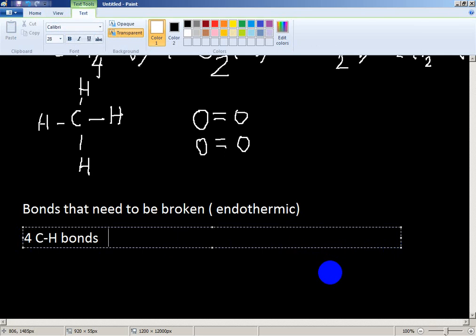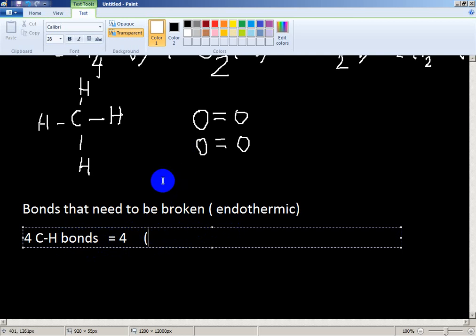So what is the energy here? 4 multiplied by the energy of a carbon-hydrogen bond. It is endothermic. What is the energy for a carbon-hydrogen bond?